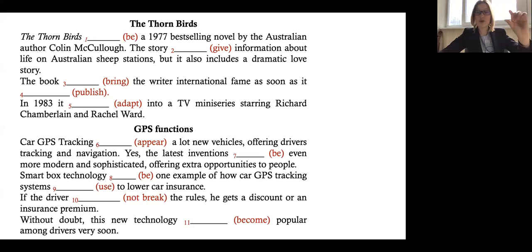Well, you also may take a look at text number 2 about GPS functions. Feel free to accomplish it. Good, Oksana. Well done.